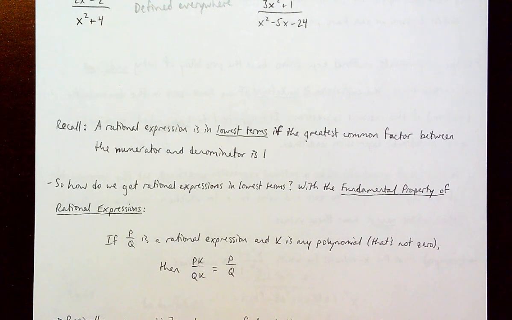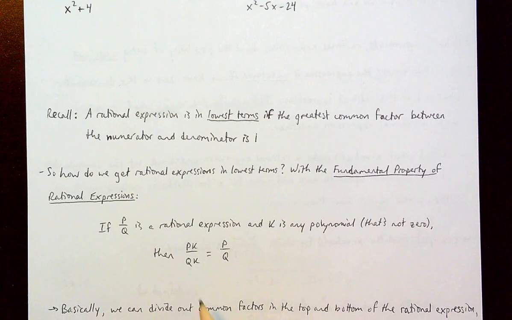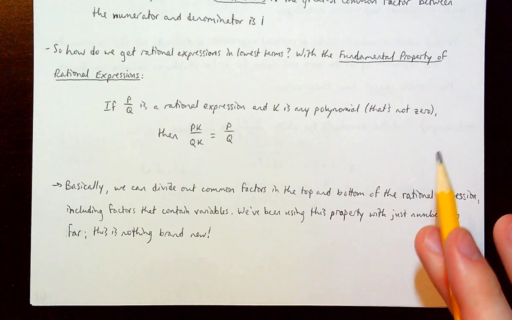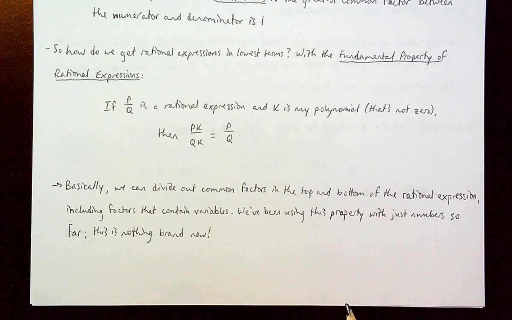If P over Q is a rational expression and K is any polynomial that's not 0, then P times K over Q times K is equal to P over Q. Now, that's a very technical, mathematical way to say the following thing. Basically, all that property is saying is that we can divide out common factors in the top and bottom of the rational expression, including factors that contain variables.